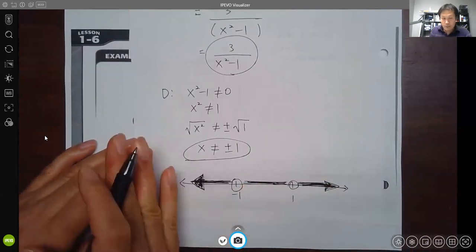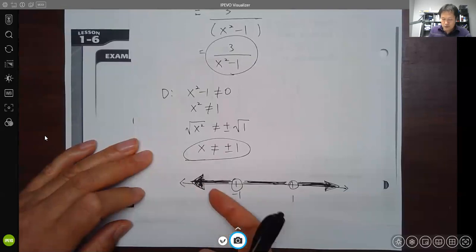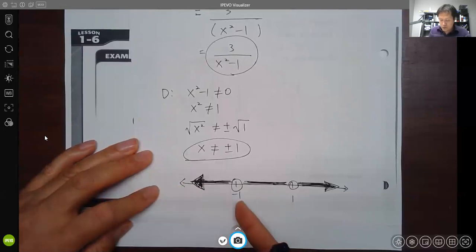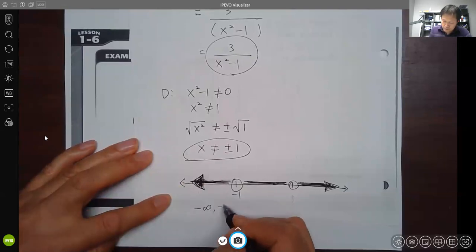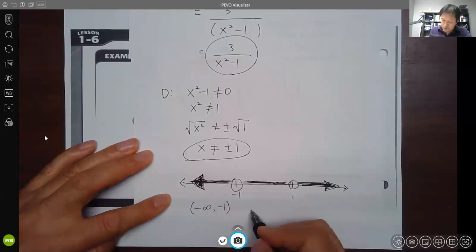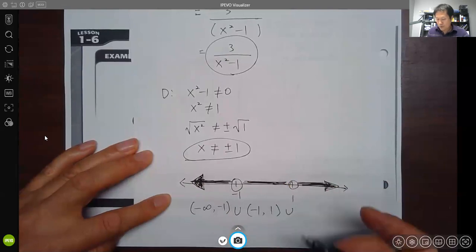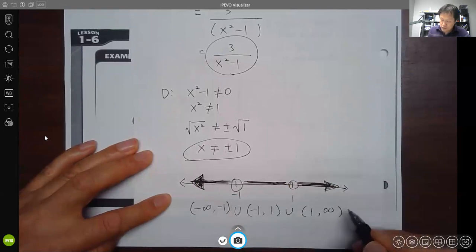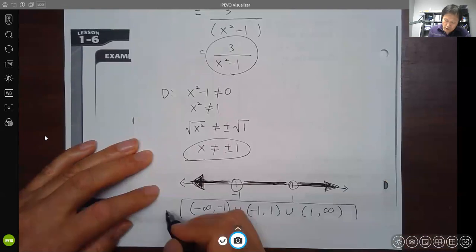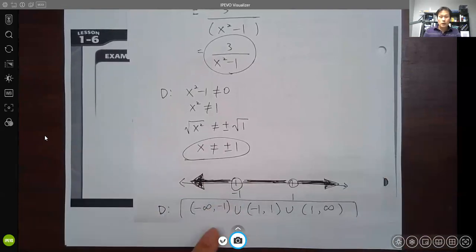First interval, left to right: minus infinity to minus 1. Second interval, minus 1 through 1, union. The third interval, 1 through forever: 1, infinity. So that will be the answer for the domain in interval notation.